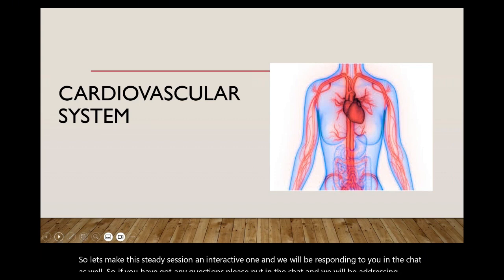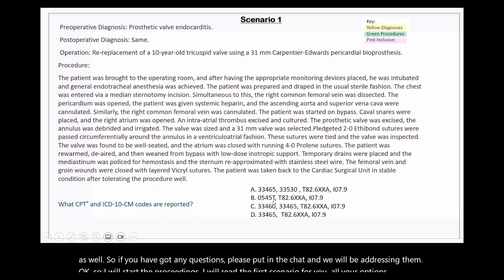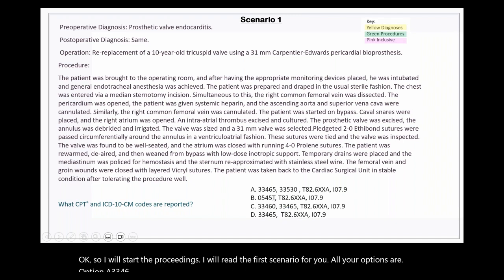Okay, I will start the proceedings. I will read the first scenario for you all. Your options are: option A, 33465, 33530, T82.6XXA, I07.9.